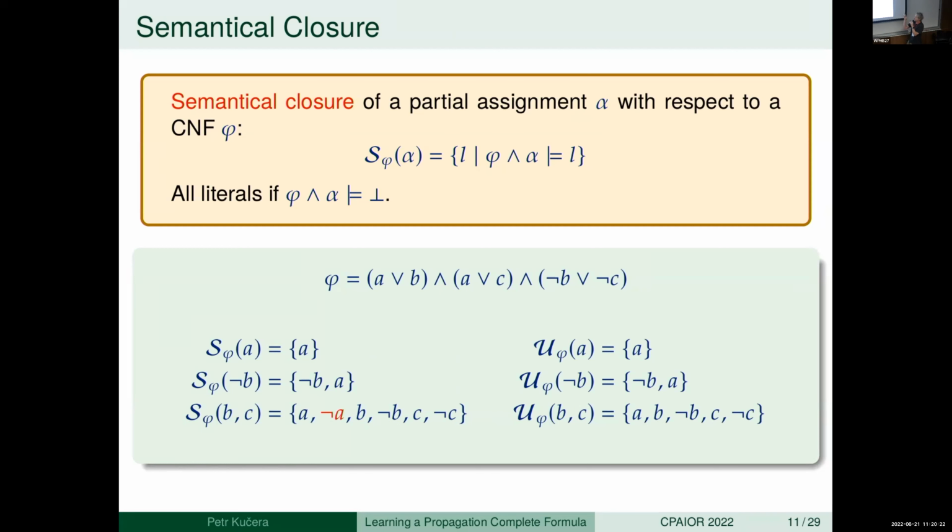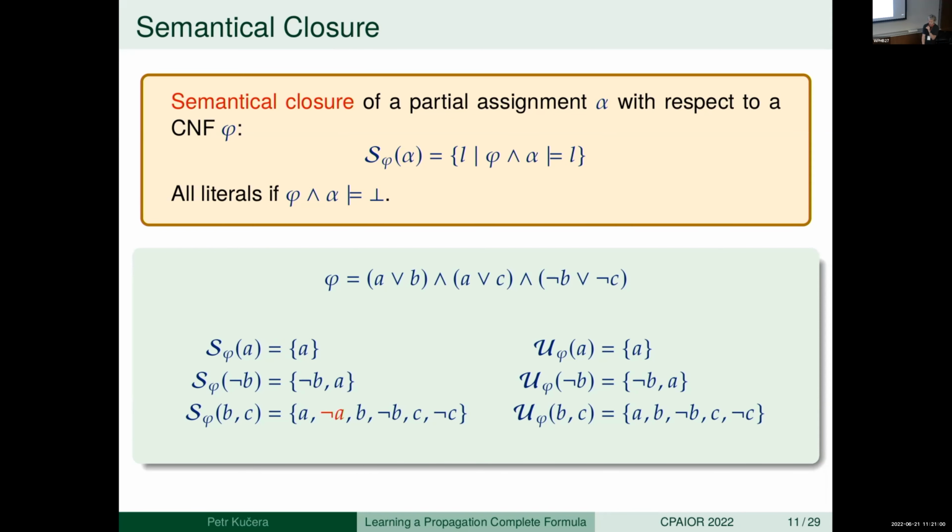For example, for this formula, which is propagation complete, for the partial assignments A and non-B, we get the same closure because we derive the same literals as are implied. But for the inconsistent partial assignment BC, we have this difference: in the case of unit propagation, we don't have non-A. It's not in the formula, so we cannot derive it. But in the case of semantic closure, even non-A is implied, even if it's not in the formula, right? Because everything is implied by a contradiction.